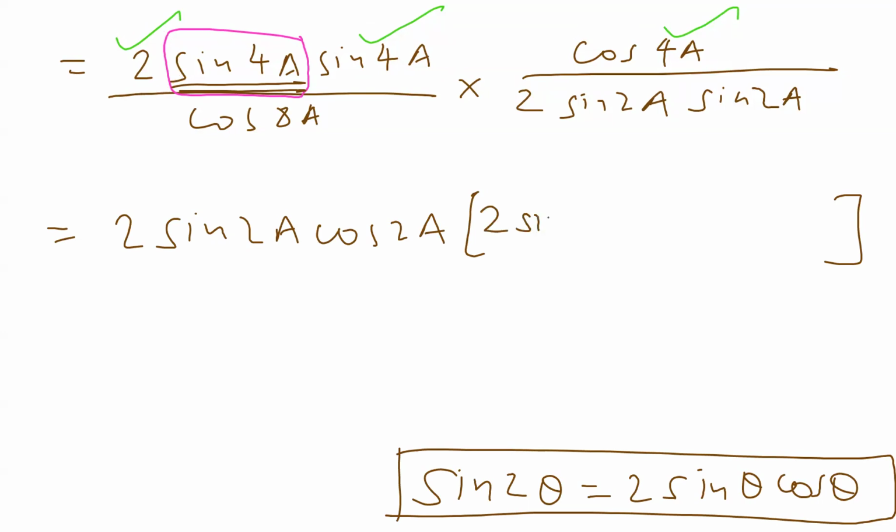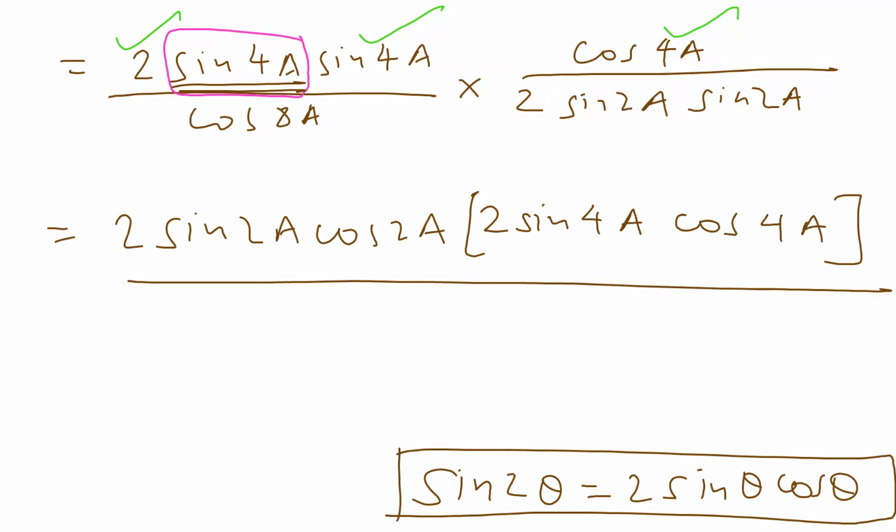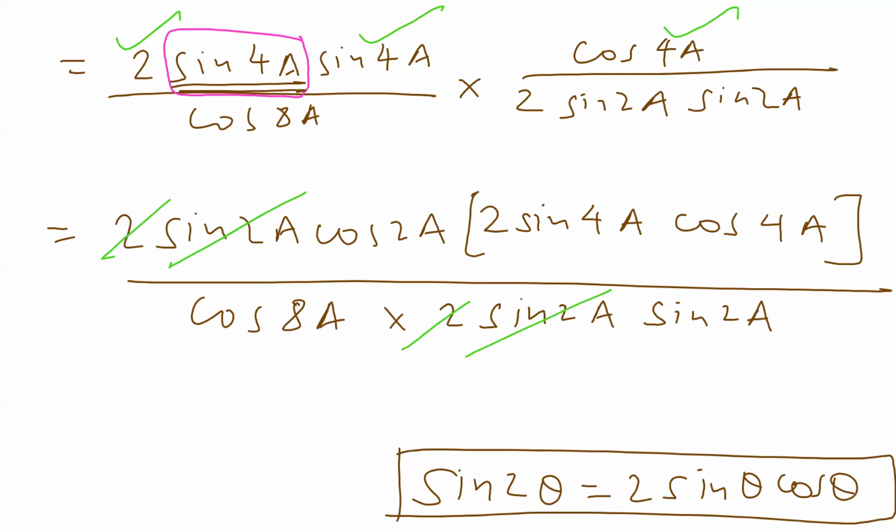I'll write it as 2 sine 4a cos 4a. Okay. And then down it will be cos 8a into 2 sine 2a into sine 2a. Okay. Now there are some cancellations over here. 2 sine 2a, 2 sine 2a is getting cancelled, right?